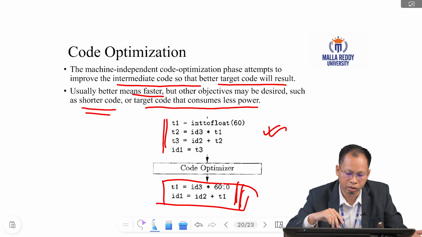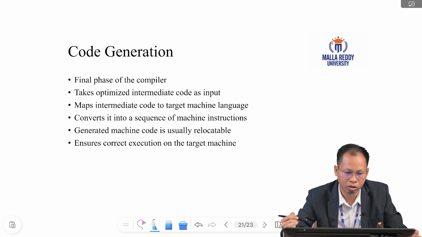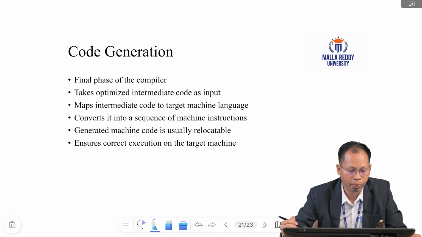Here also we do the multiplication with the identifier and save it in our temporary variable t1, then we add the value with the identifier and assign it to identifier 1. So in short, we just try to reduce the number of lines of code.